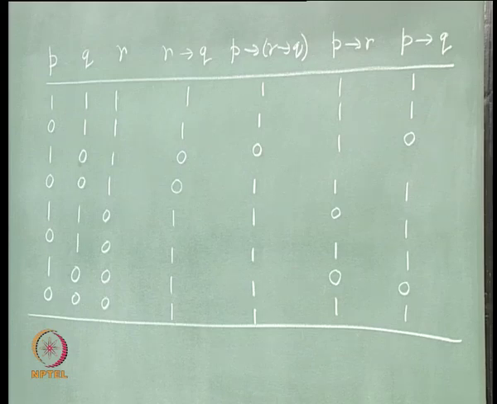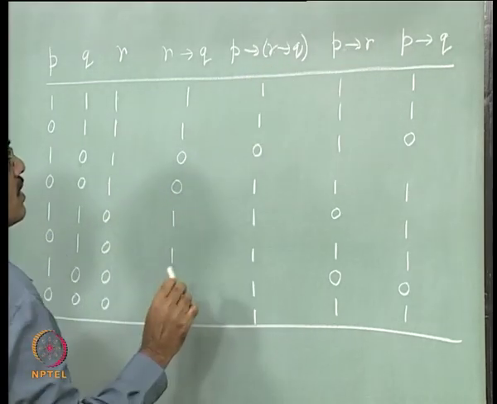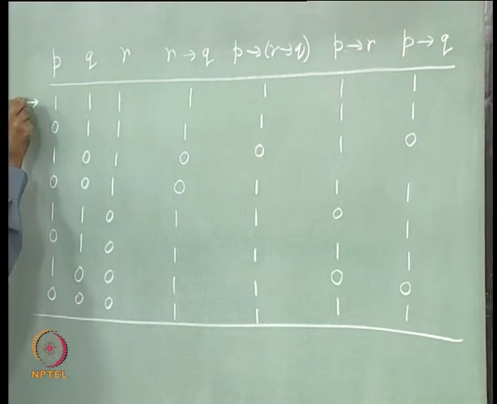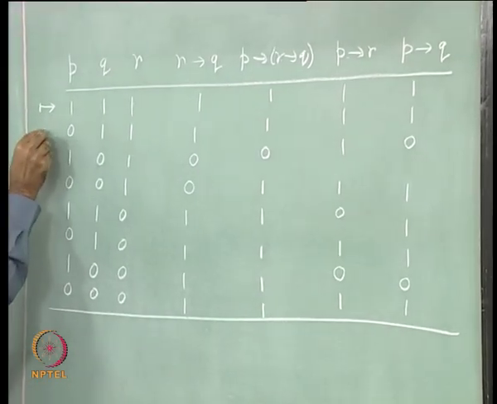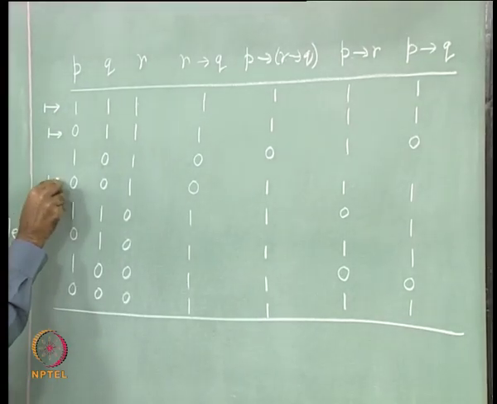Now, then what we are required to do? Find out all the models of all the propositions simultaneously, right. So, take one row which satisfies both the premises at the same time, evaluating to 1. Okay. So, this must be 1, this must be 1. So, this is one interpretation. Next, this is another interpretation. Fourth one is one more.